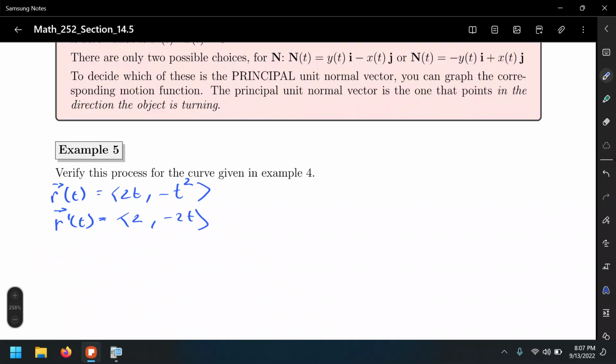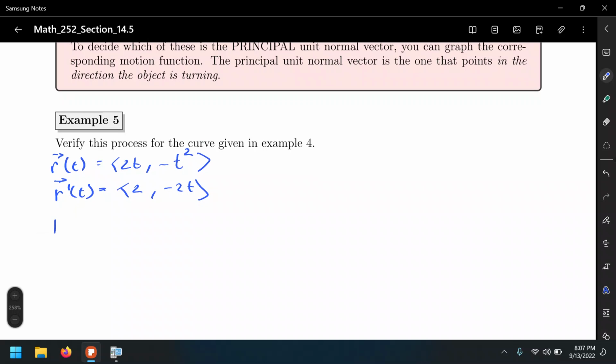And then we also got that the tangential, just the tangential, not the derivative, is 1 over the square root of 1 plus t squared, comma, negative t over the square root of 1 plus t squared.